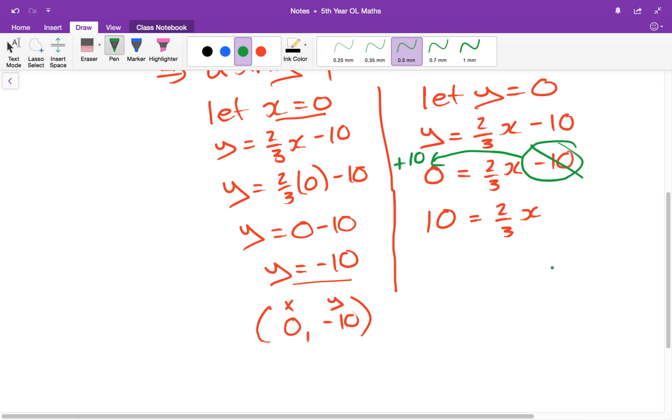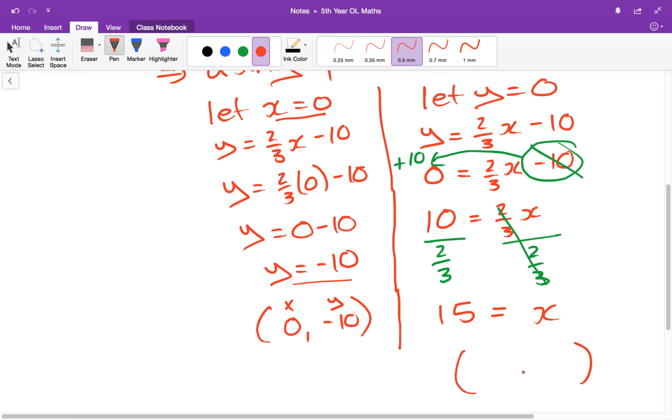Then we want to isolate the x, so we're going to get rid of the 2/3 by dividing, but then you have to balance by dividing on this side. So you should just be able to type that into your calculator, 10 divided by 2/3, which is 15, and again write it down as a point. So the x bit goes first, which in this case is 15, and the y bit goes second, which our y bit was 0.